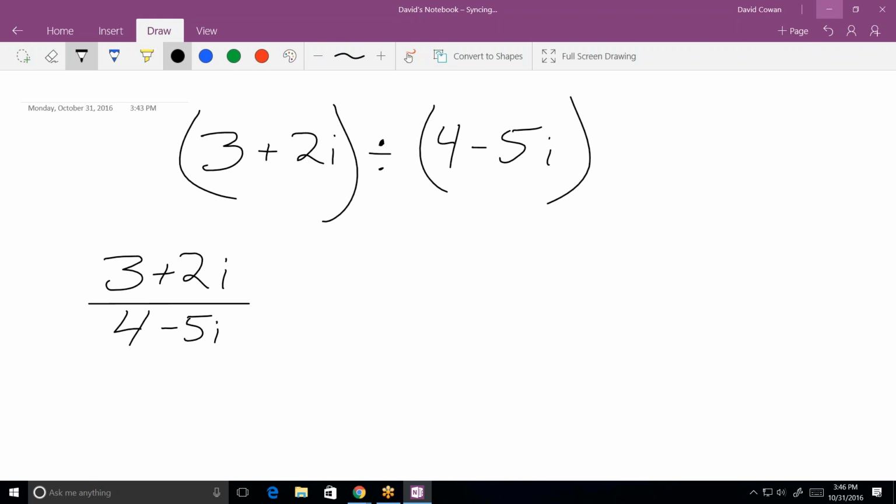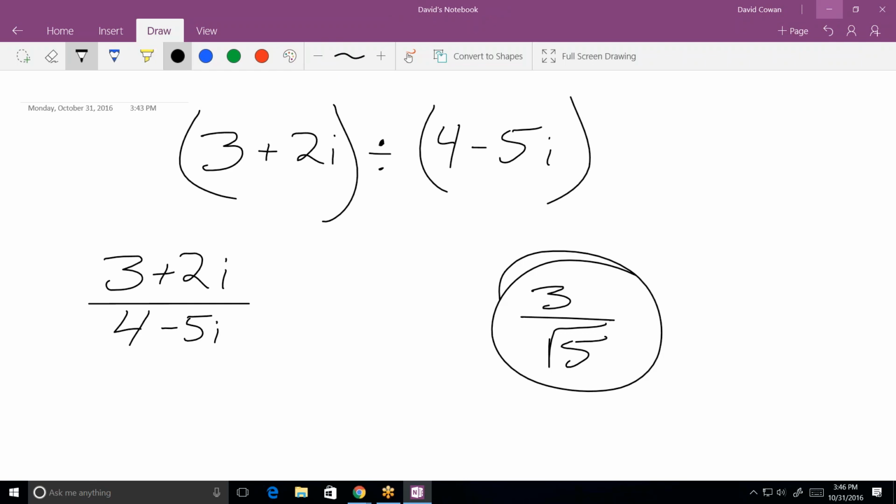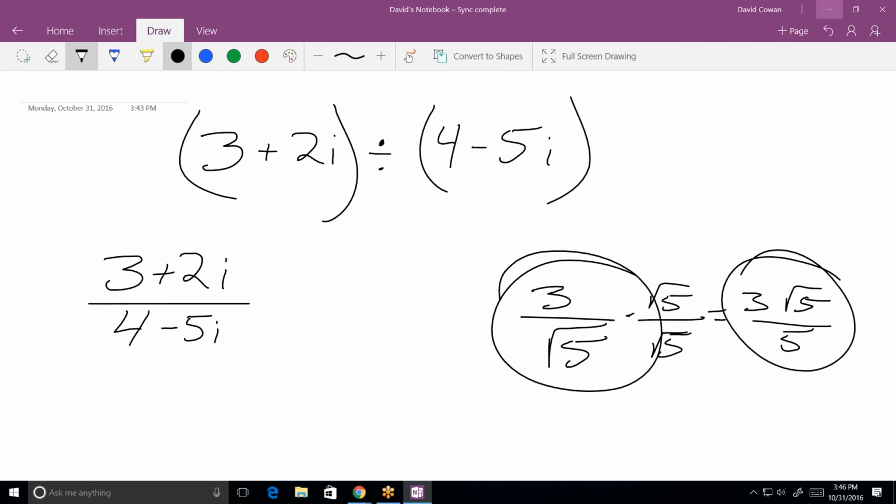In the same way that if I told you, do this division over here, how would you do it? Multiply the top and bottom by root 5. You're not really doing division, right? You're actually doing multiplication. Because now you get 3 root 5 in the top, you get 5 in the bottom, there's your answer. You didn't do any division at all, you did multiplication.